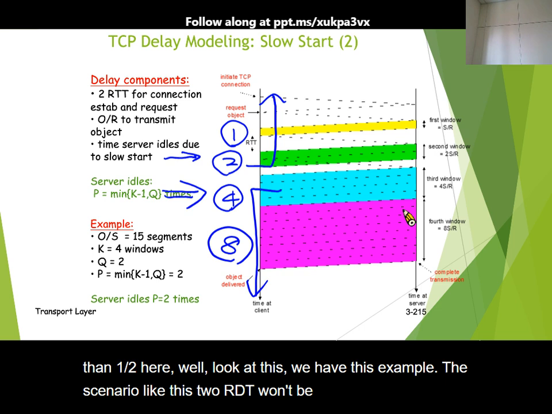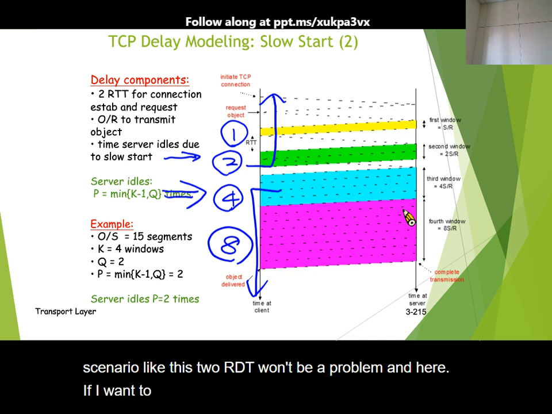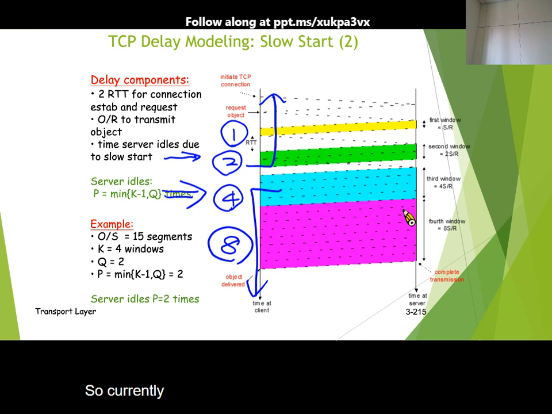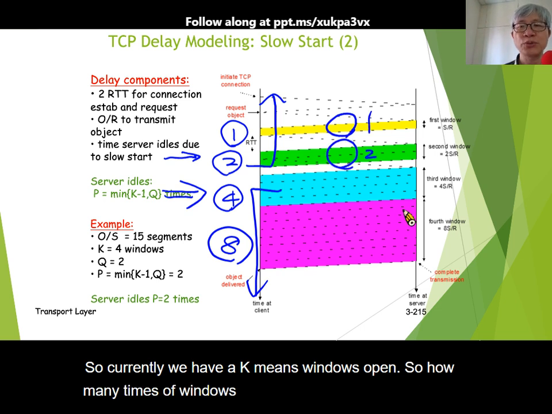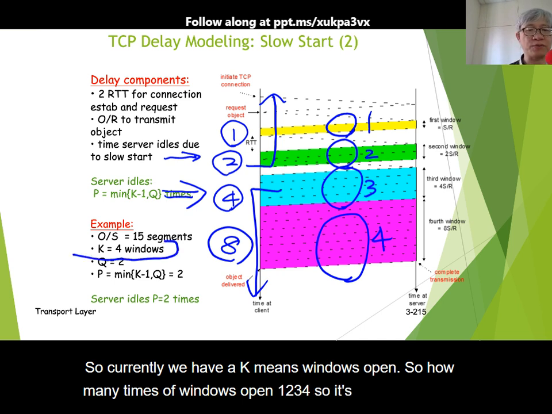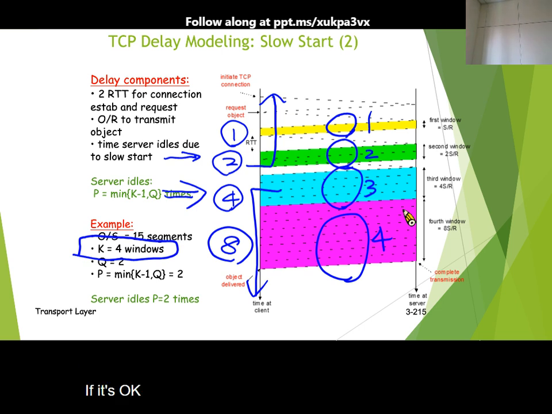And here, if I want to find P, can you find P? So currently, K is windows open. So how many times of windows open? 1, 2, 3, 4. So it's 4, that says K equal to 4. So let me check K equal to 4. If it's okay for you, raise your hands.